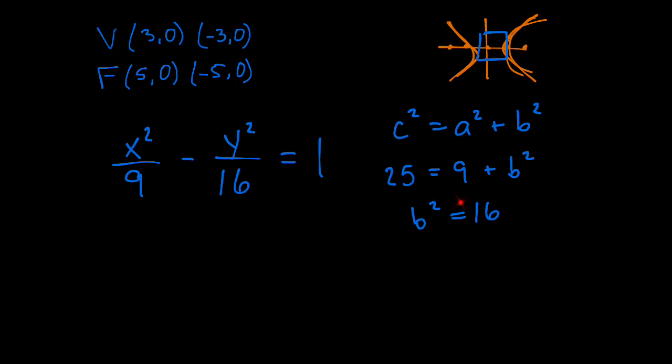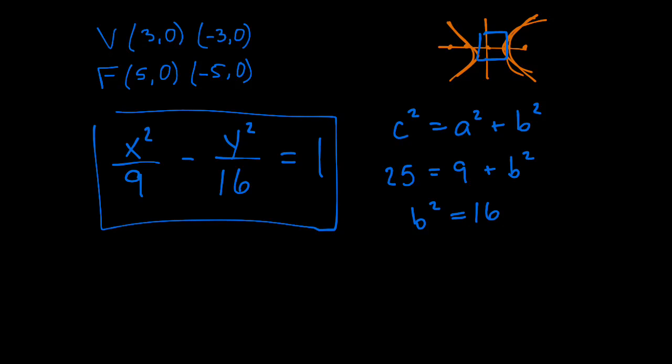So we can stop right there once we get b squared. We don't need to go one step further just to come back one step. So the equation for this hyperbola would be x squared over 9 minus y squared over 16 is equal to 1.